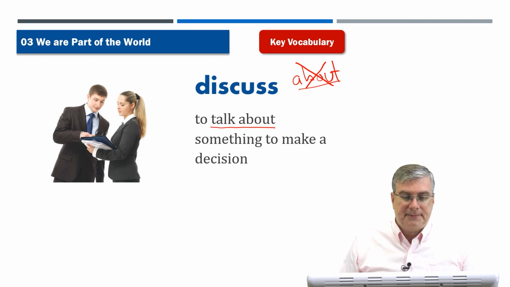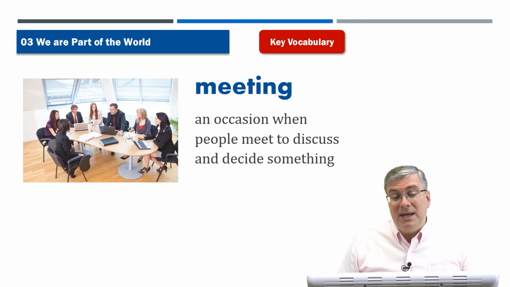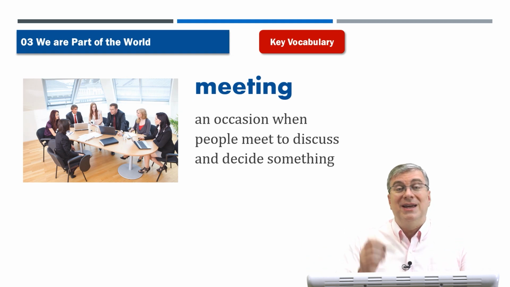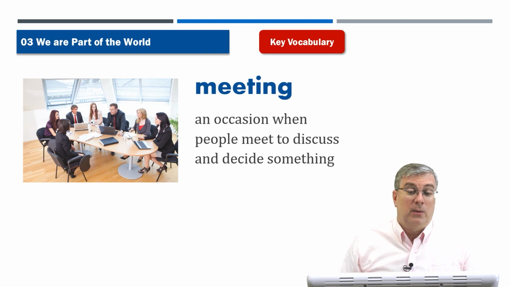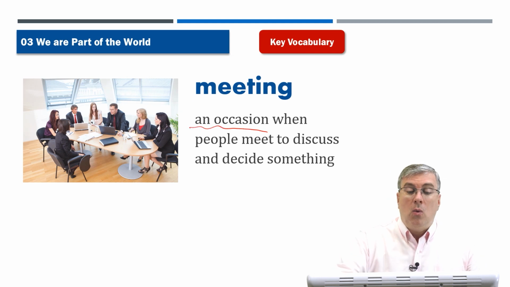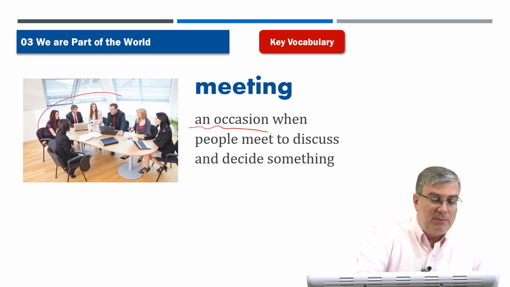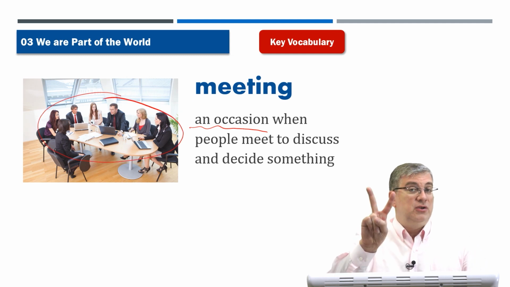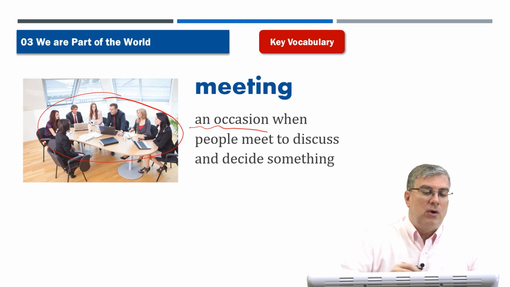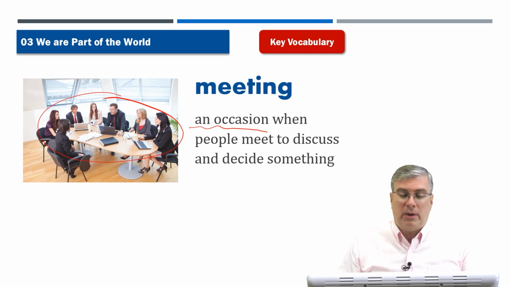Okay, good. Next we have meeting. Meeting, of course, is when many people get together and they talk about something, they discuss something. An occasion is like an event or a time when people, and you can see many people, a meeting could just be two people, of course. You could have a two-person meeting. This is more typical, though, of a business meeting. Many people get together.